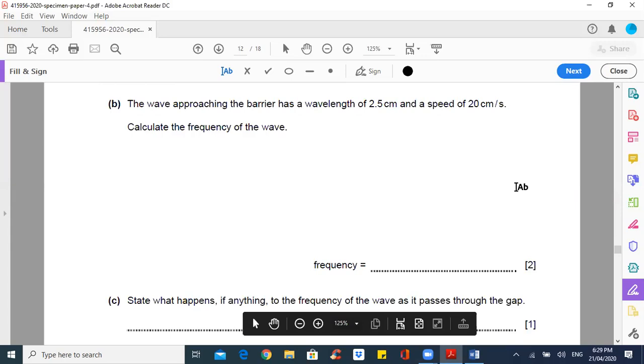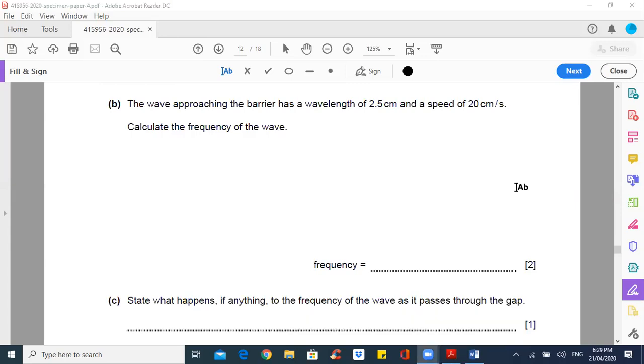We know so far that your wave equation is v equals f times lambda, the wave speed equals frequency times wavelength. So they're asking us to calculate frequency.